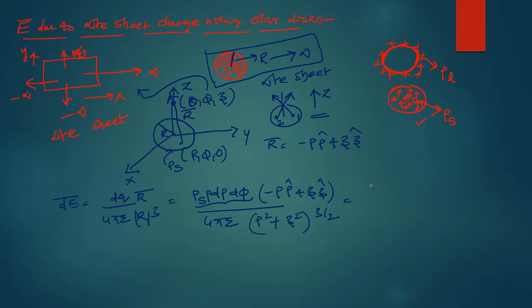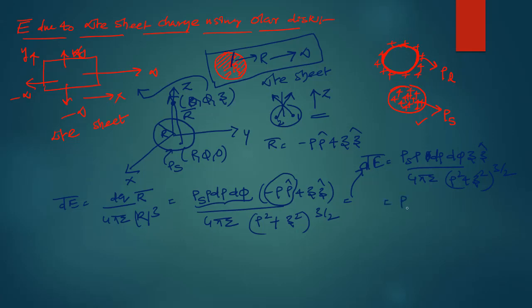In the resultant electric field we will have only the z component, so we have to remove this rho component. So here I am writing dE bar is equal to rho s rho d rho d phi z cap by 4 pi epsilon (rho square plus z square) whole power 3 by 2.